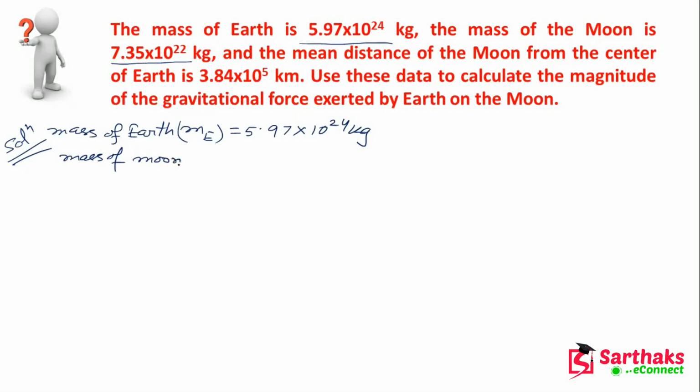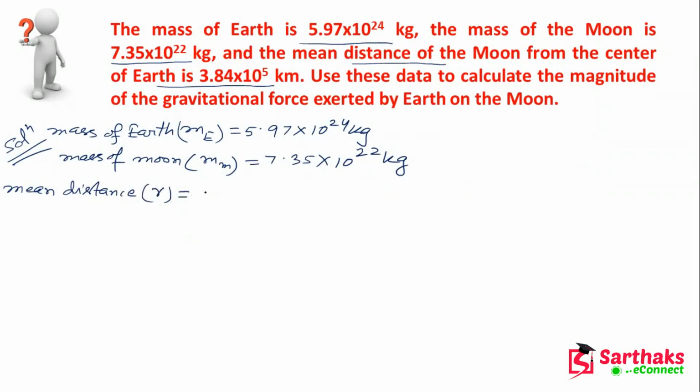So the mass of moon, we are taking MM, equals 7.35 into 10 to the power 22 kg. The mean distance of the moon from the center of earth is 3.84 into 10 to the power 5 kilometer. So the mean distance R equals 3.84 into 10 to the power 5 kilometer. We convert it into meter. So 3.84 into 10 to the power 5 into 10 to the power 3, that means 10 to the power 8 meter.